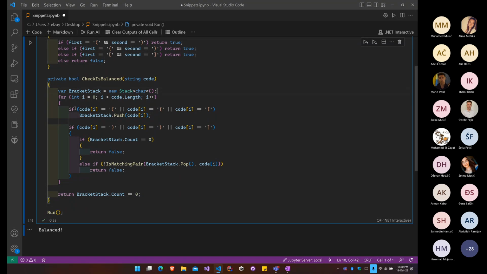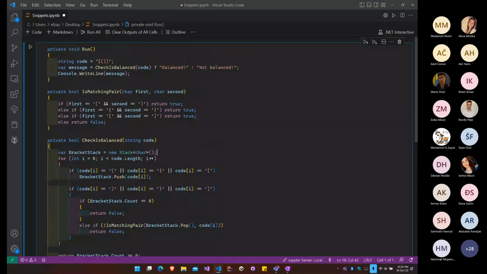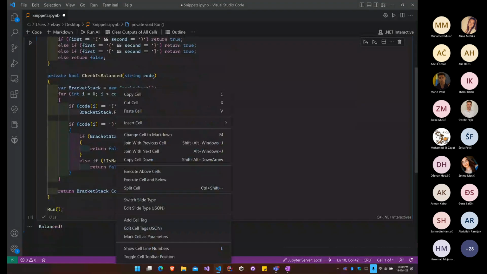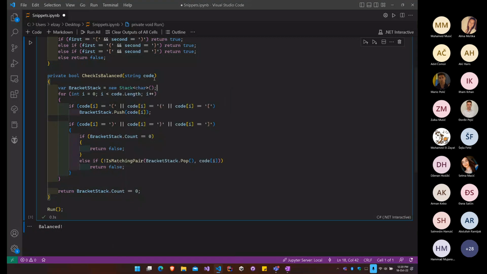You can simply say for i equals 0 and i less than string.Length, and then you get the length of the characters, and you can index through it, and every time you index through it, you get an actual character. And I think it's probably similar to C++ to a certain extent.